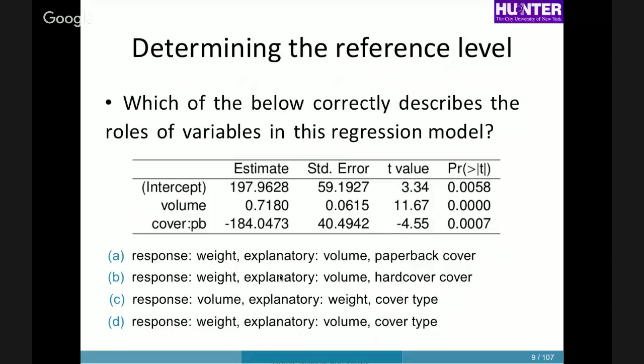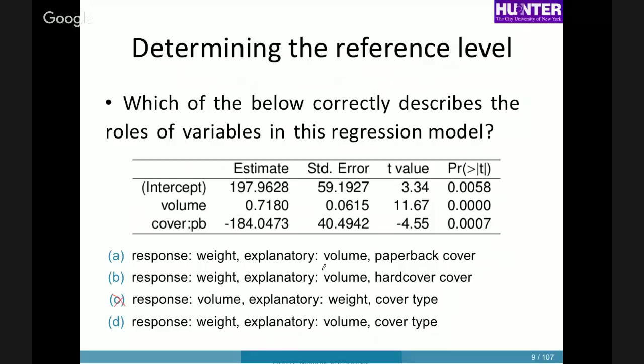All right, so which of the below correctly describes the roles of variables in this regression model? So let's start by eliminating some things. What's the response variable here? Weight, yeah. So let's eliminate C. It's definitely not that. And what are our explanatory variables?